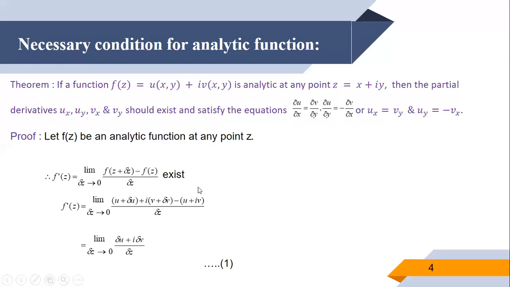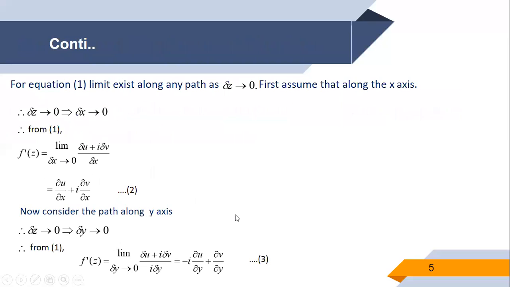So minus u and plus u cancel, and the other term, minus iv, also cancels. The remaining term is limit delta z tends to 0, delta u plus i delta v upon delta z. And this is equation number 1.